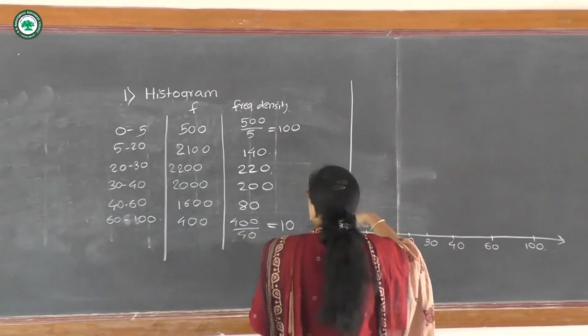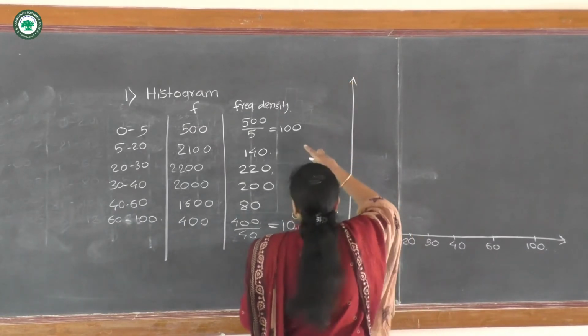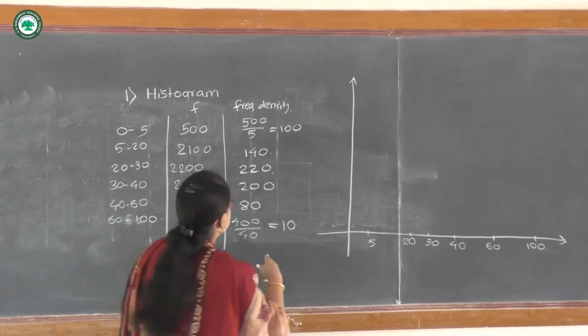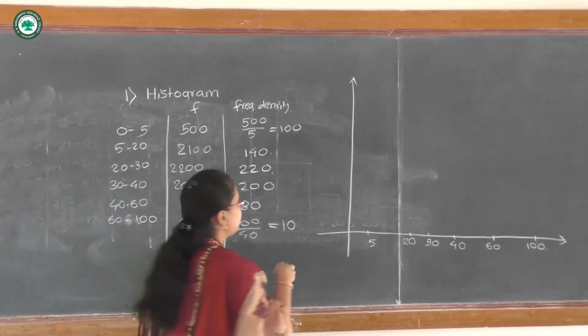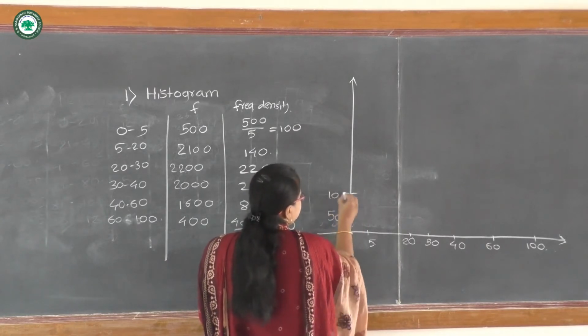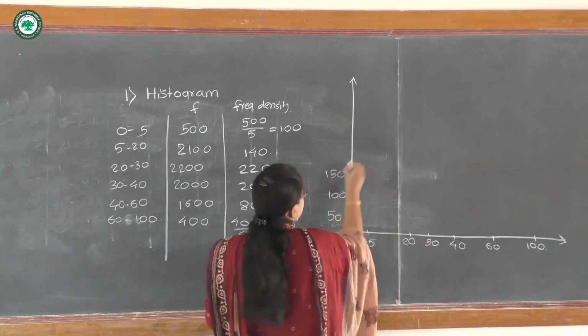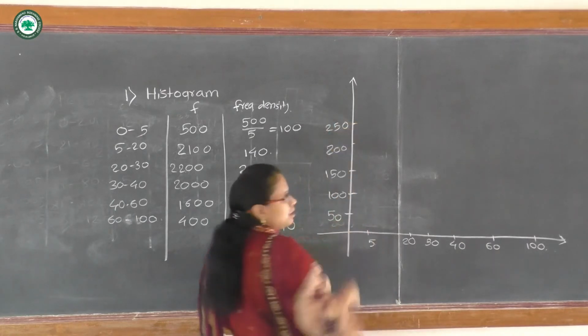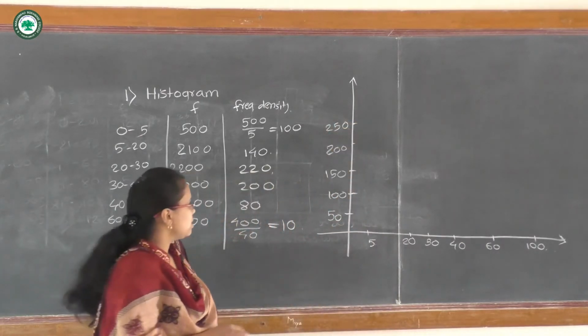On the y-axis we have to take frequency density, and we can see that it is minimum 10 and maximum 220. So I will take the difference of 50. So 50, 100, 150, 200 and 250. You can take this scale as your choice.